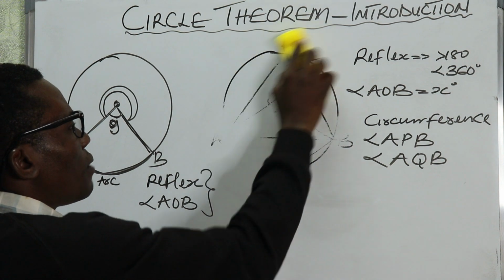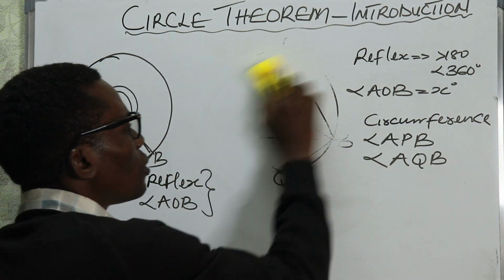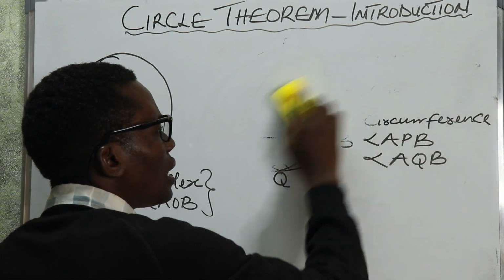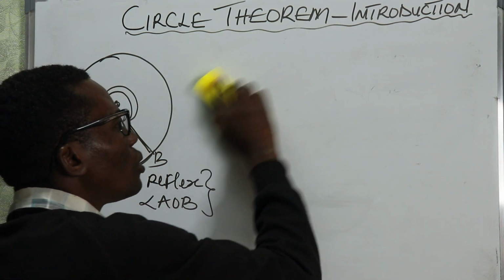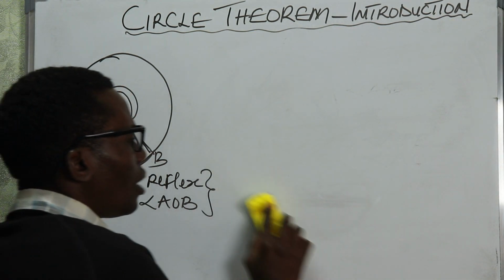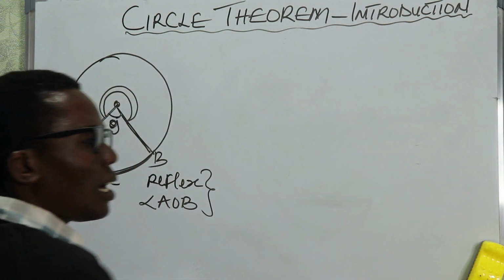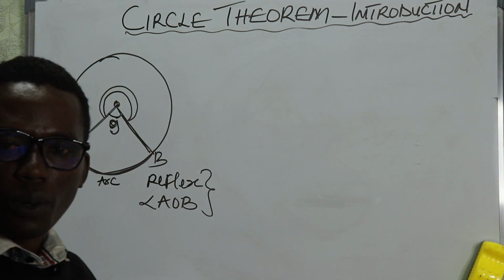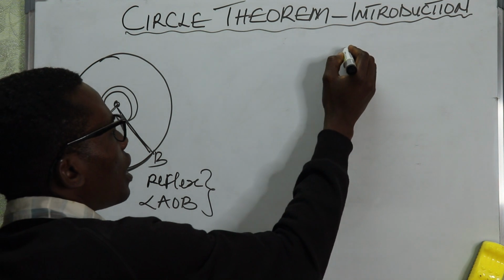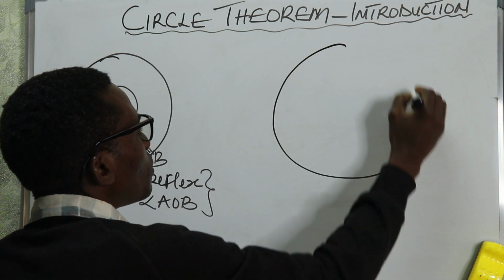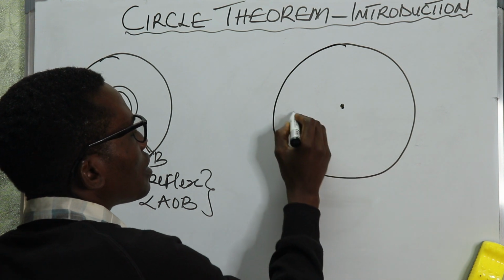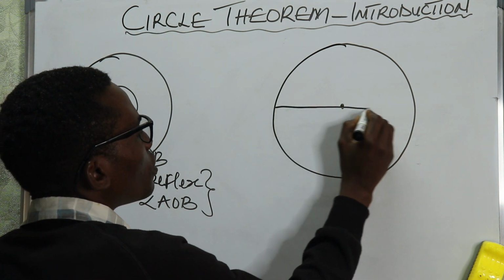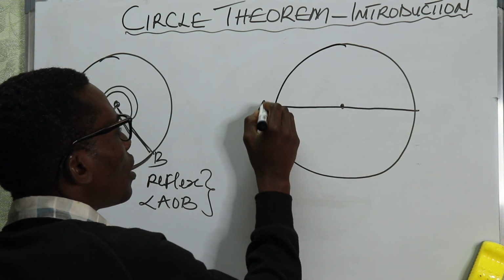Now let's consider the fourth and final scenario. In the fourth and final scenario, we are going to consider when a chord sustains an angle at the center of a circle. Now let's consider a chord. This is the center of the circle, and at the center of the circle we have a chord AB.